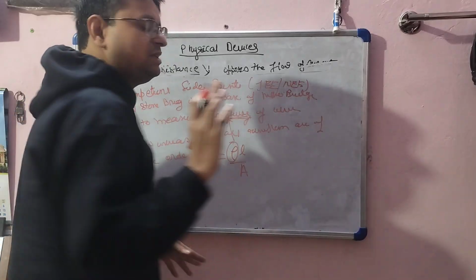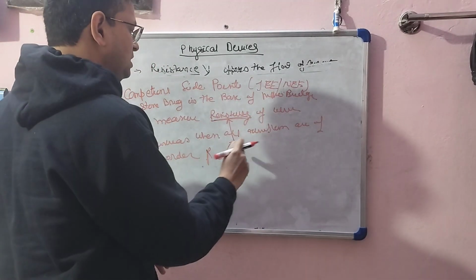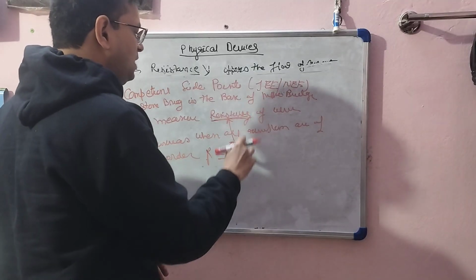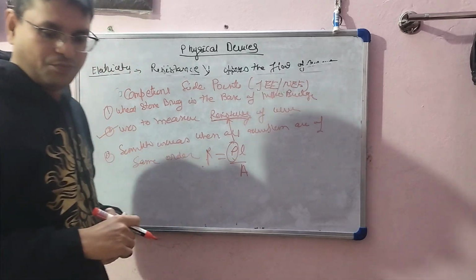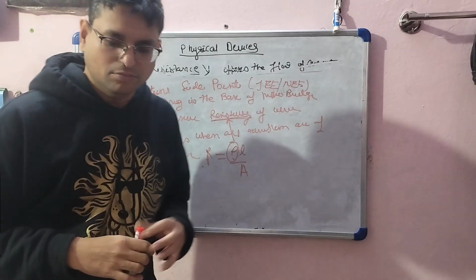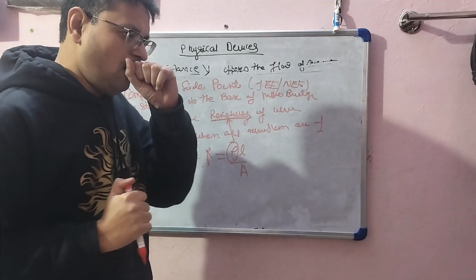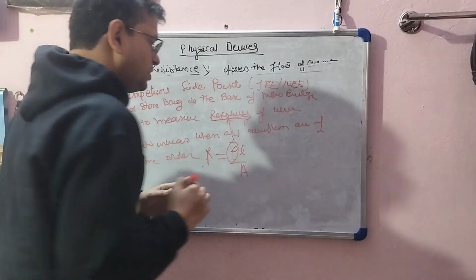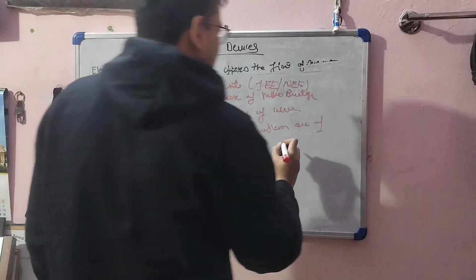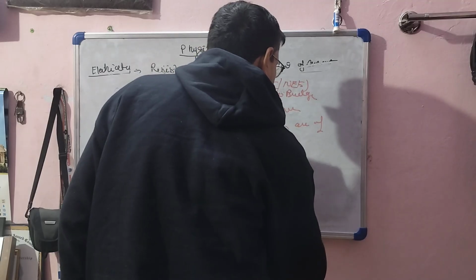It is called resistivity of wire, not resistance of wire. R is resistance, rho is resistivity, L is length, and A is area of cross section.